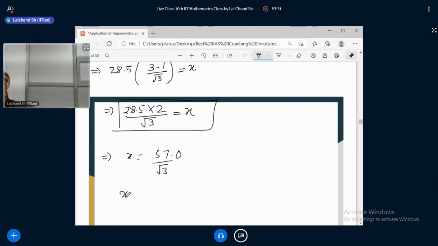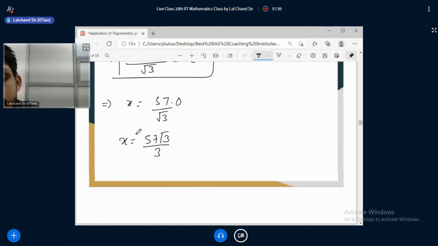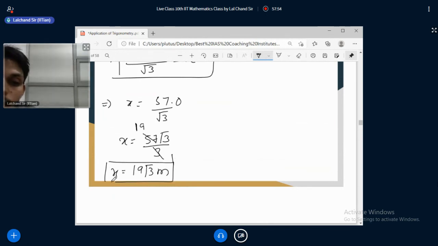If we rationalize this, the final answer is 57 root 3 by 3. If we cancel, 3 into 19 is 57, so the final answer is x equal to 19 root 3 meter. This is the value of x.